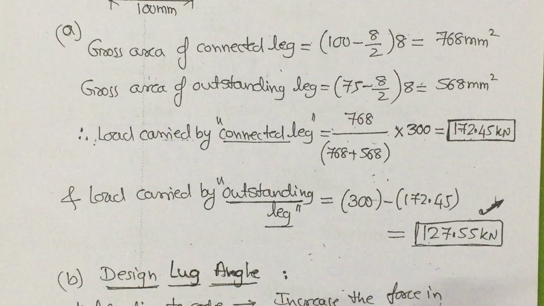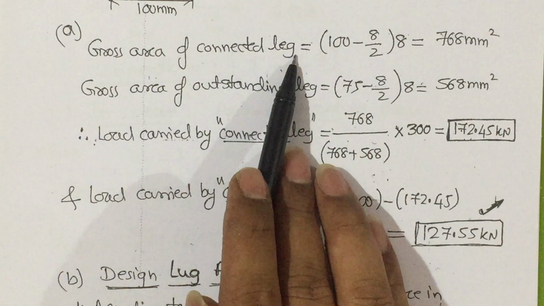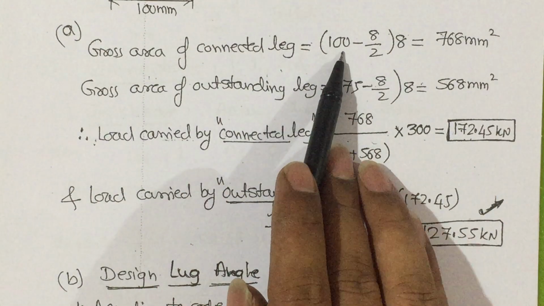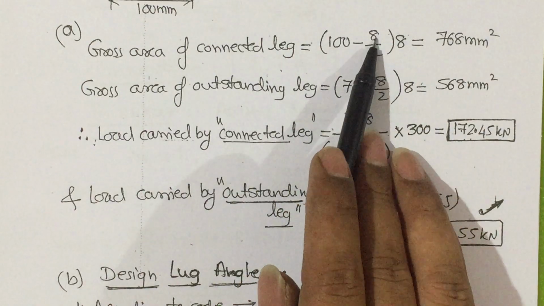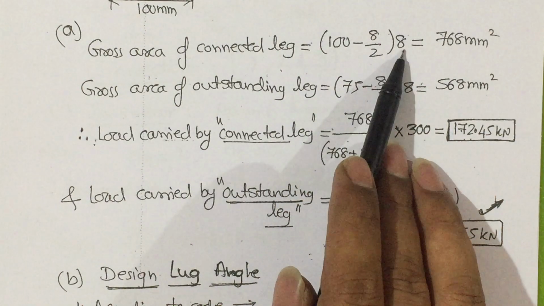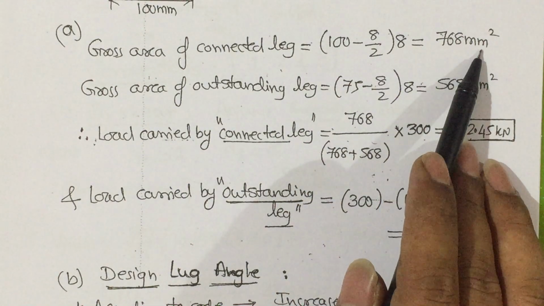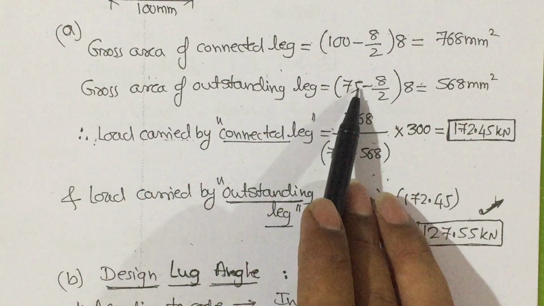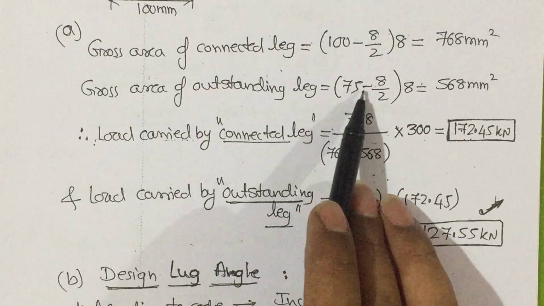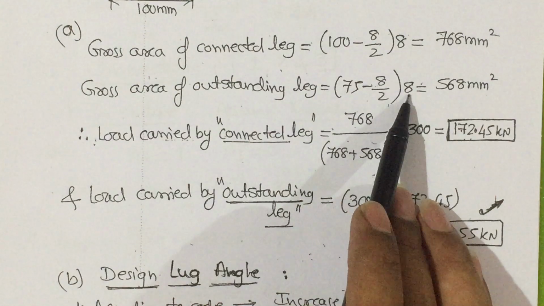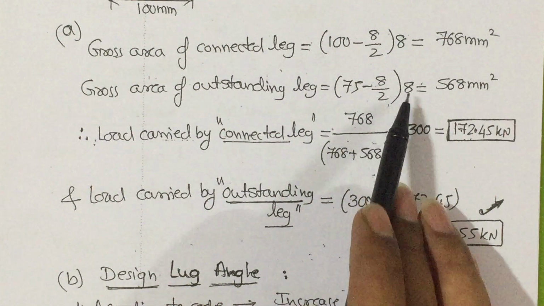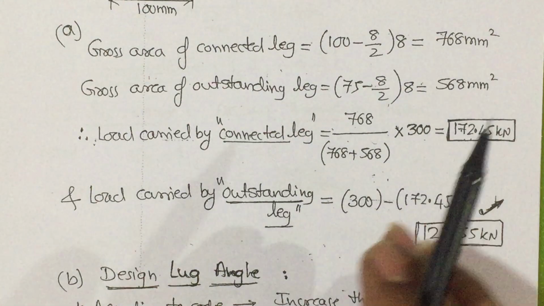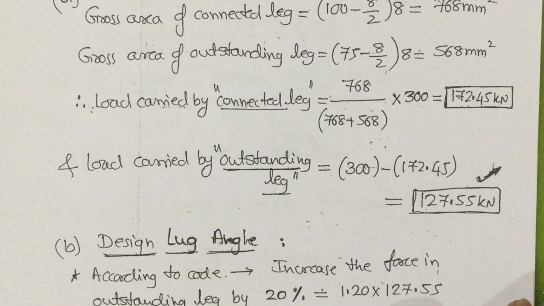Then the first step, first calculate the gross area of the connected leg, that is 100 minus t by 2 multiplied by t. You are going to get it as 768 mm square. Then gross area of the outstanding leg is given by leg length minus t by 2 multiplied by t. t is nothing but thickness of the angle plate. So, you are going to get 568 mm square.